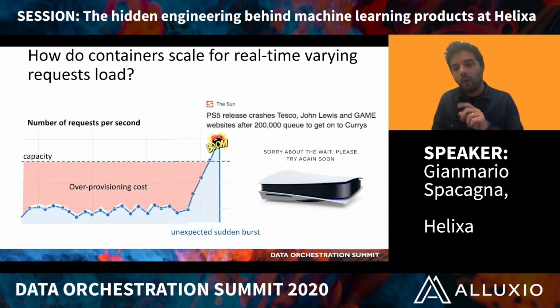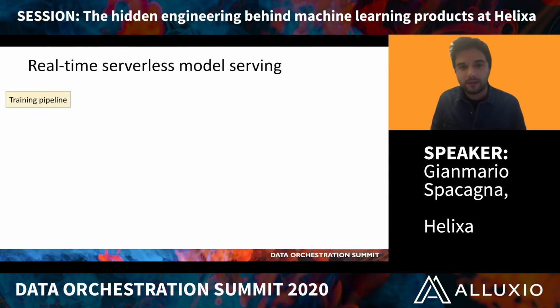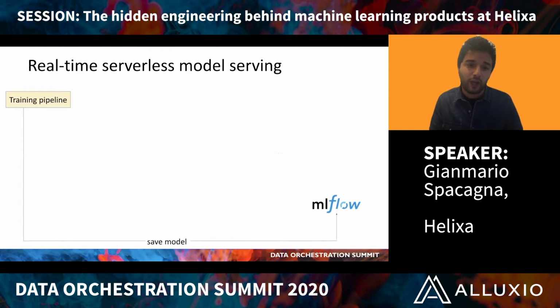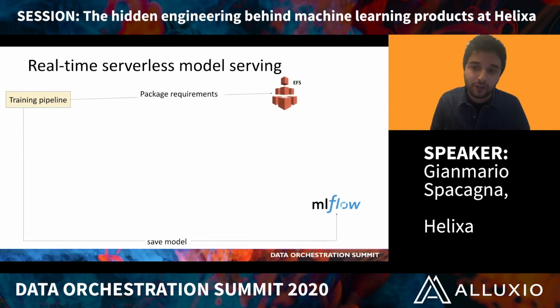Right. So what could be a valid alternative to that? We can do real-time model serving in a serverless way. We need a little bit more preparation work during the training phase, and I'll show you how. So when you do the training, you will save the model, of course, but you will also package the requirements for the later inference, all of the libraries that you've been using.